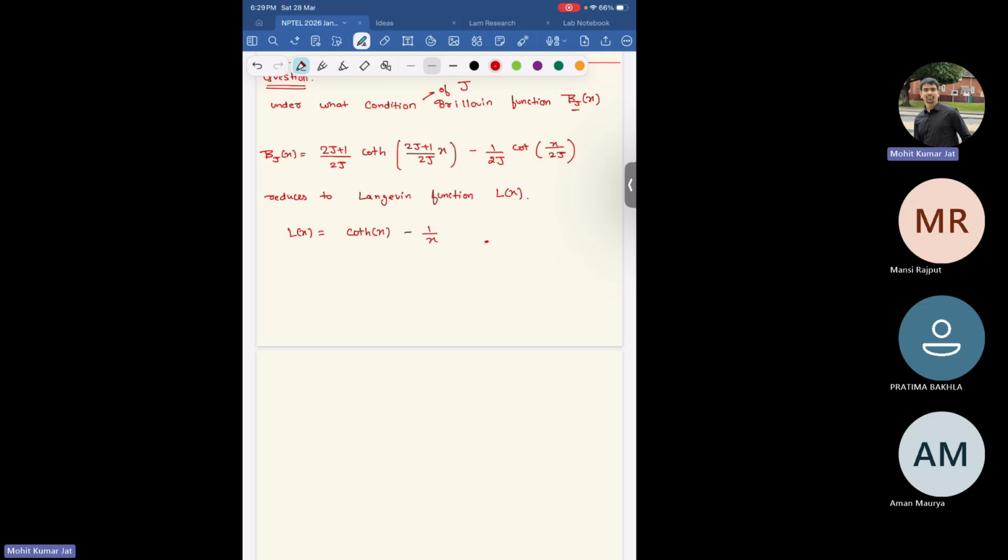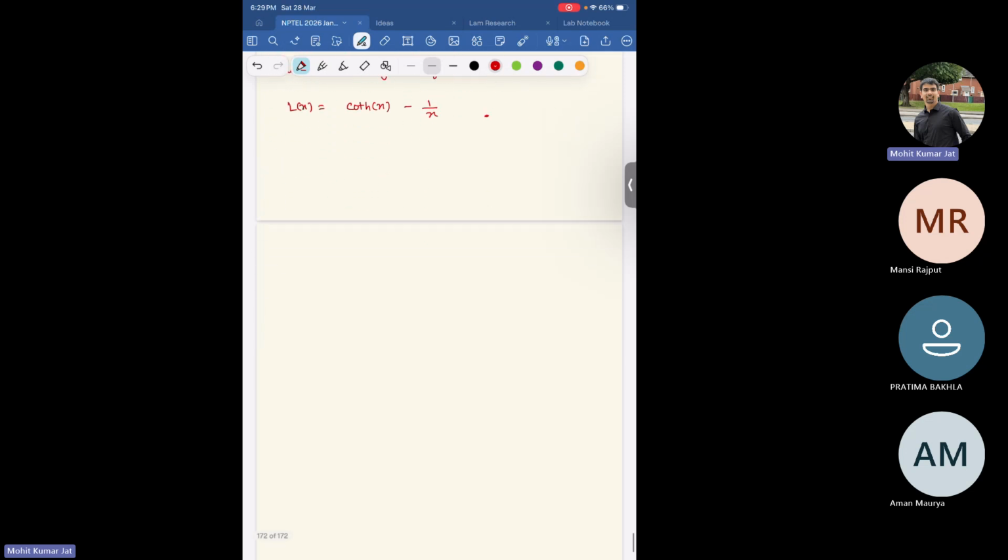If you have many available states and the spacing between them reduces to infinitesimally small, then you boil down to the classical part, because then you don't have discrete states. That's the difference between classical and quantum: in the classical part the energy is continuous, whereas in the quantum the energy is discrete. Having said that, let's first understand the Brillouin function B_J(x).